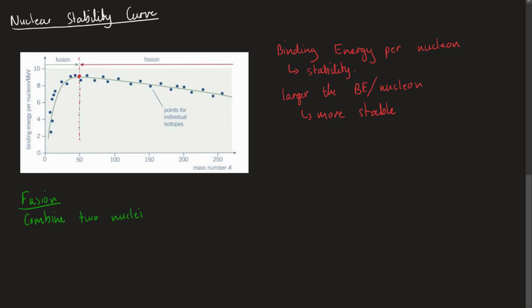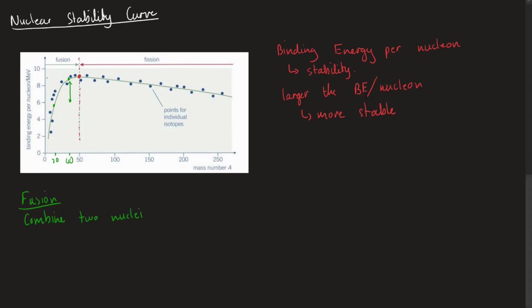If I were to, for example, start here and give out half of my mass number, I only end up going back to here. Let's take the 40 mark here, and I'm going to get to 20. Now 20 is about here. I'm only actually losing about 2 mega electron volts, maybe.